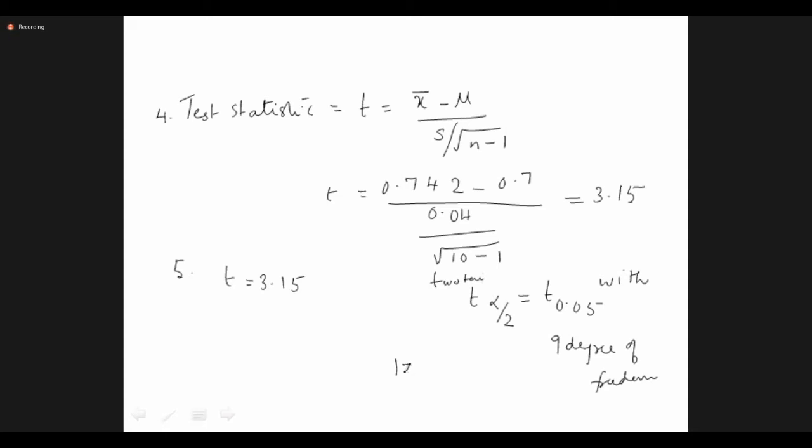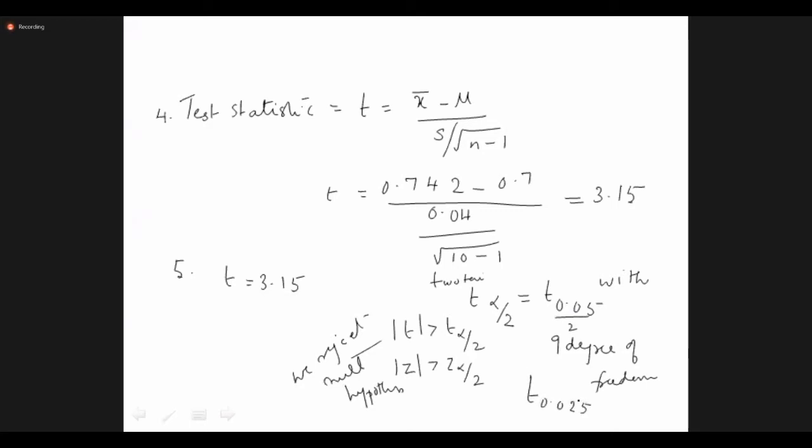We have seen mod z greater than z alpha by 2 in the last class for a two-tailed test. Similarly, if mod T is greater than T alpha by 2, we reject the null hypothesis. So T alpha by 2 is equal to T at 0.025.